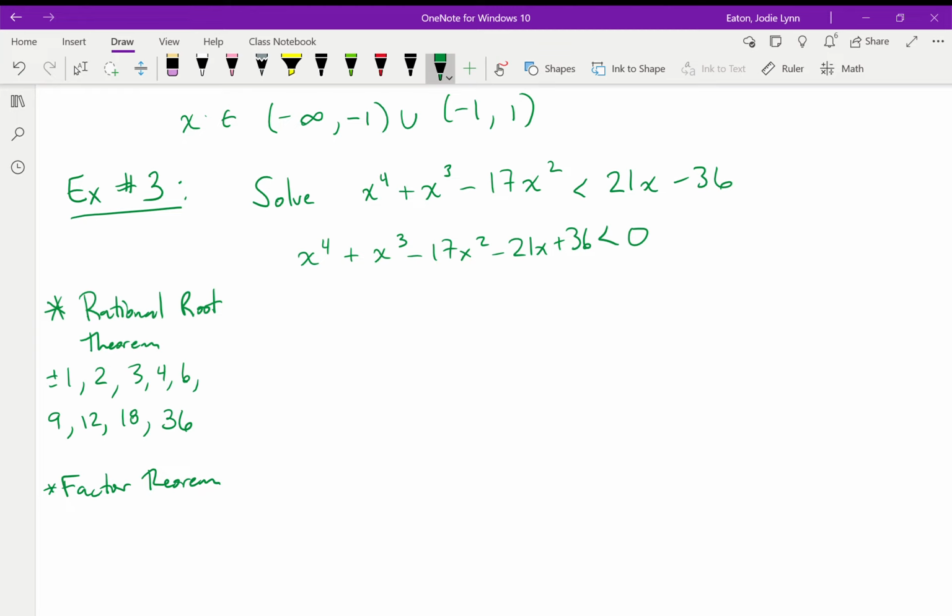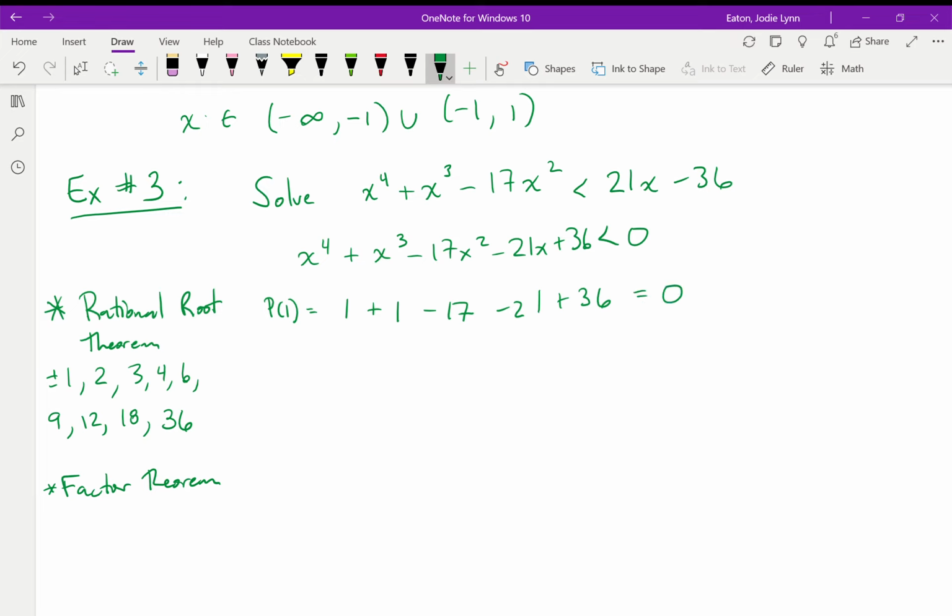So let's try p of 1. Let's call this whole thing p. So p of 1 is 1 plus 1 minus 17 minus 21 plus 36. 1s are easy to square and cube, which in fact equals 0. How lovely. Got it on the first try.